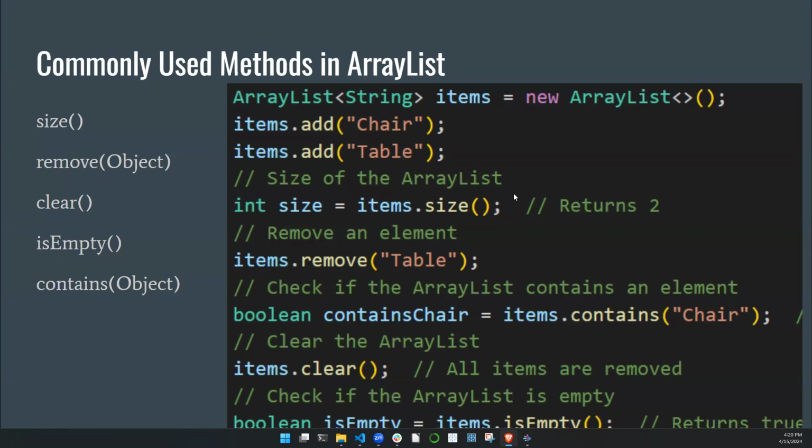We also have clear, which removes all elements, and isEmpty, which checks if the list is empty. So if you're using ArrayList, keep in mind that these are commonly used methods.